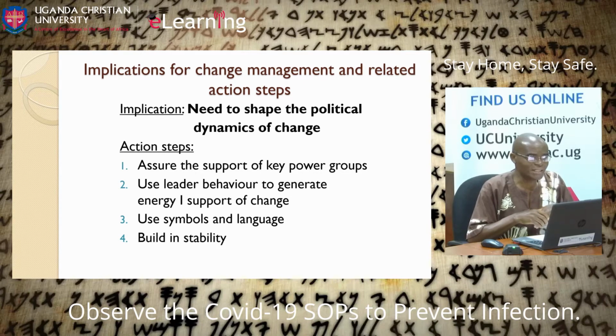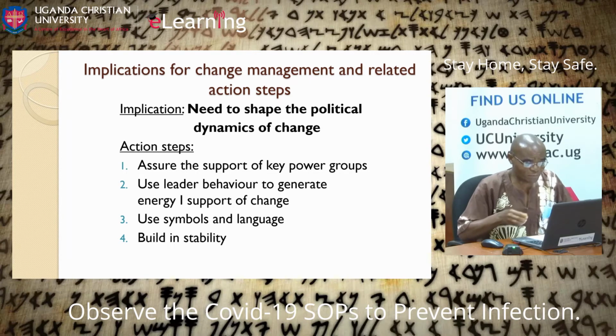So use leader behavior to generate energy and support for the change. Build within the system some kind of stability. Make sure that the change process is stable, and it is your work as the change agent to ensure that there is stability within the system, the process of change.